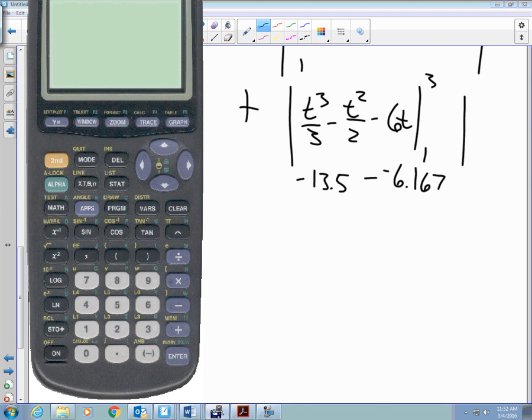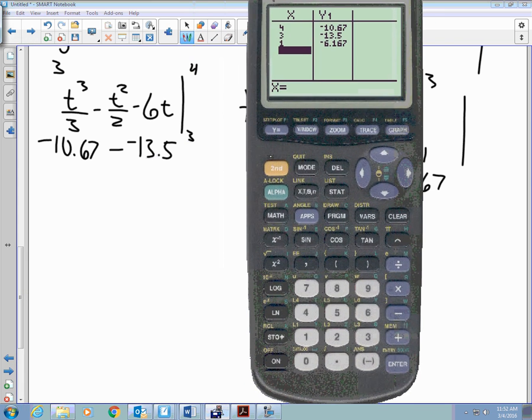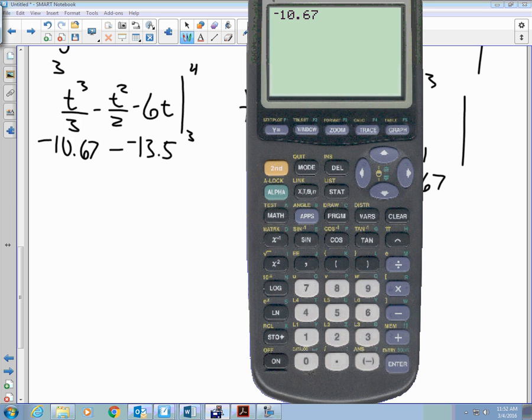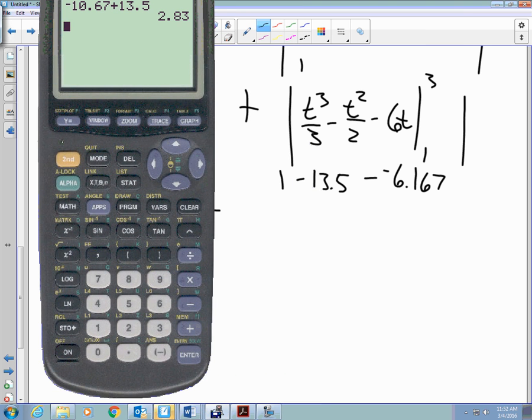So let's figure these out. Negative 10.67 plus 13.5, and I get 2.83. We knew that that was going to be positive, right? Plus the absolute value of, we got negative 13.5 plus 6.167.